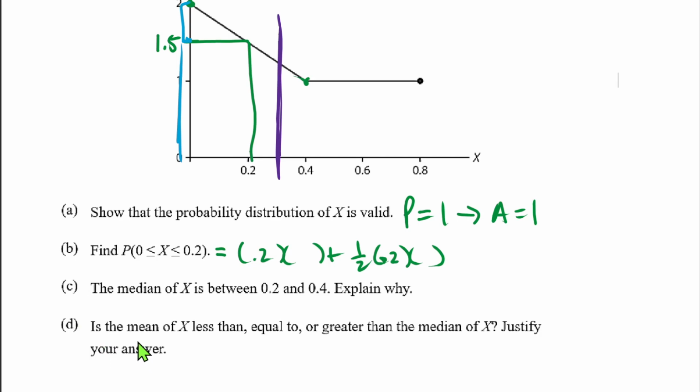Now D, is the mean of X less than, equal to, or greater than the median of Y? I do believe the answer here is that there's kind of a downward sloping nature.